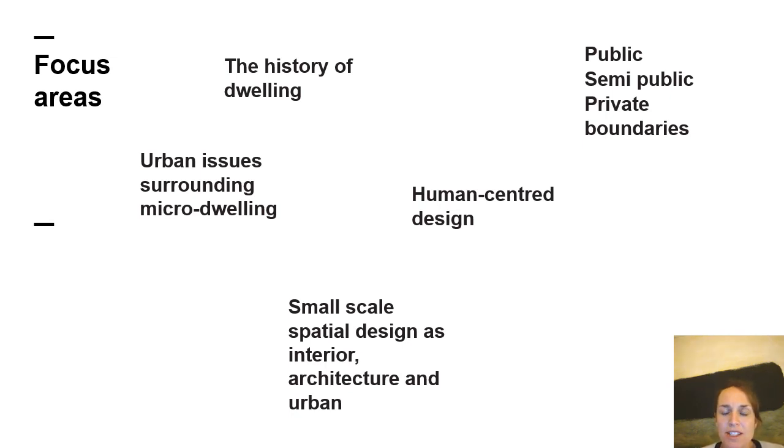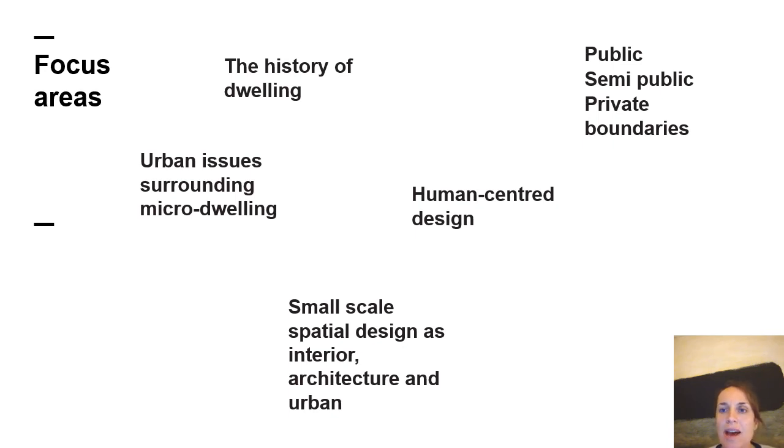Through this project, we're asking you to start to explore several issues. Urban issues surrounding micro-dwelling, the history of dwelling, human-centered design, so centering on Ushio and Noriko, small-scale spatial design as interior, architecture and urban, and the idea that our skills as interior architects can be easily transferred into interdisciplinary realms.